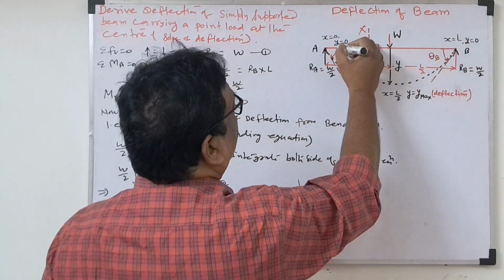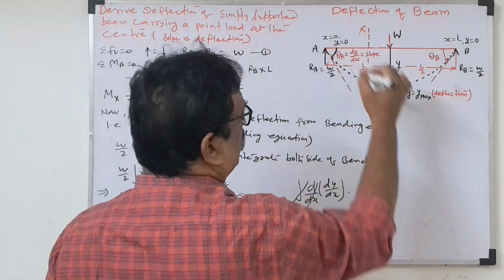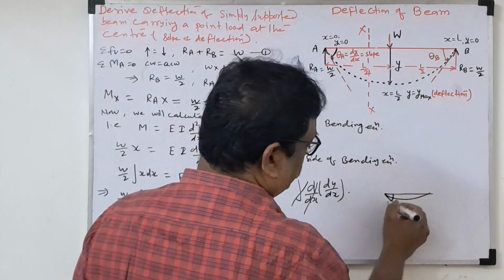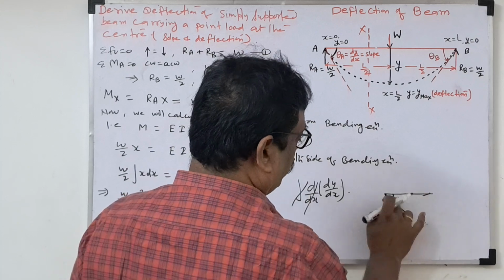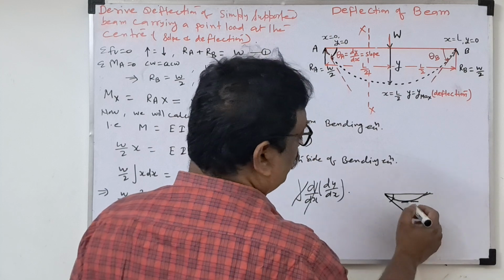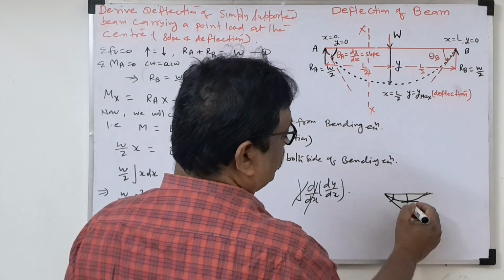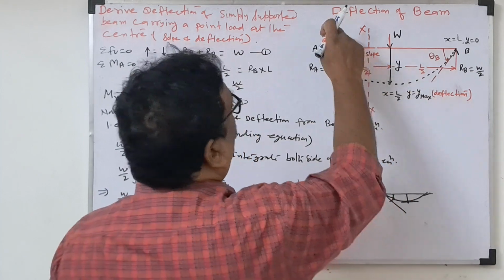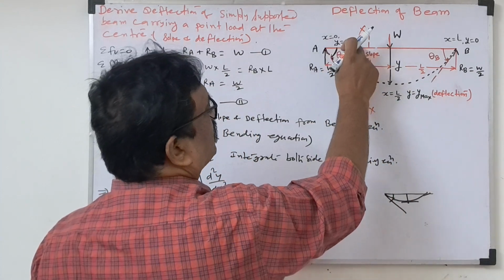But slope will be maximum. See here, if we draw the slope, suppose this is the curve and this is the tangent. If we draw the tangent here, slope will be 0, but deflection will be maximum at this point. When x equal to L by 2, deflection will be maximum. When x equal to 0, deflection will be 0.